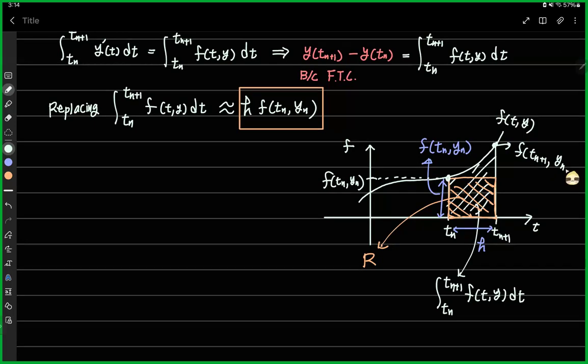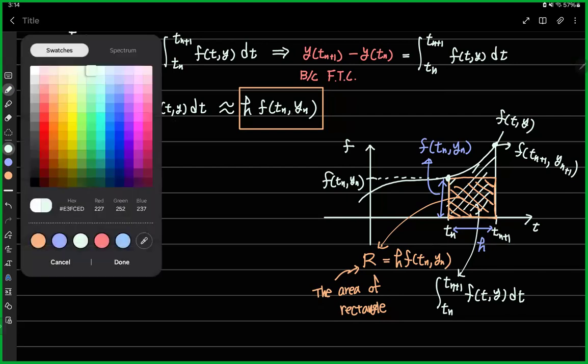So now R, the area of the rectangle, is going to be h times f of t n comma y sub n, isn't it? So this is exactly the same as this. So we use this one as an approximation of that integral.